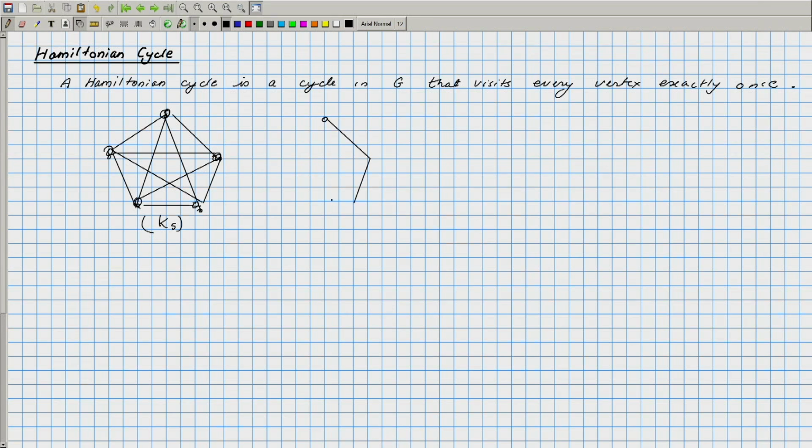If you look at, let us say, the cycle graph, this is also a graph which contains a Hamiltonian cycle.